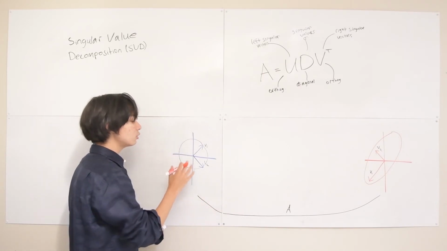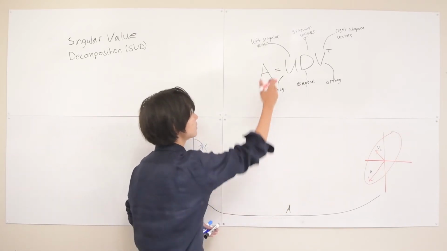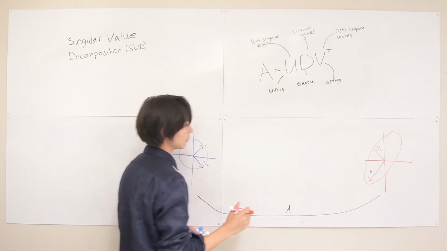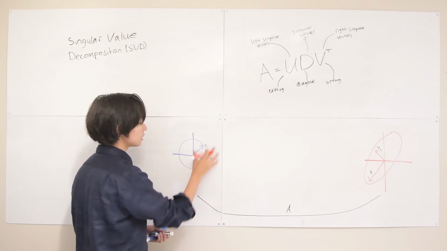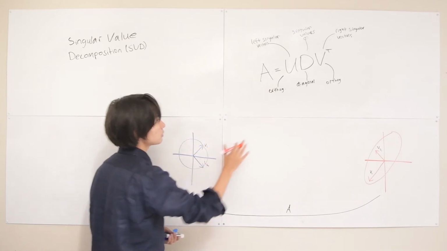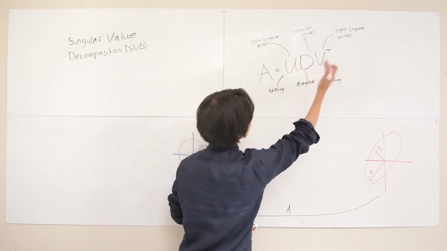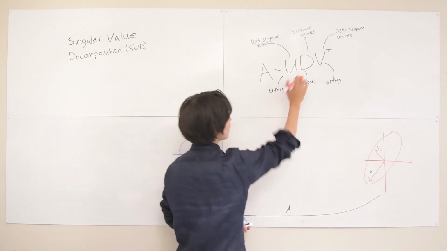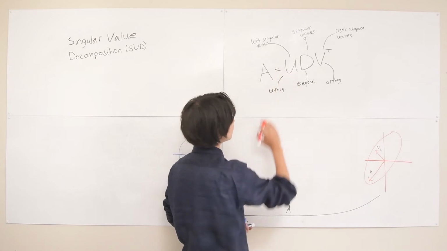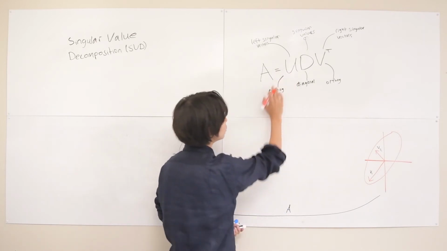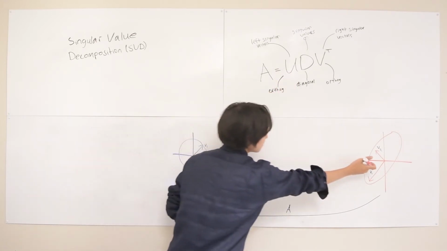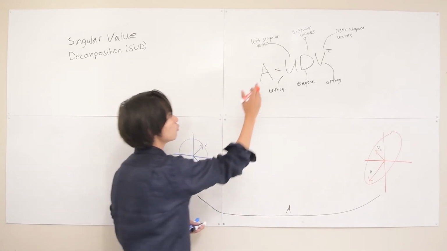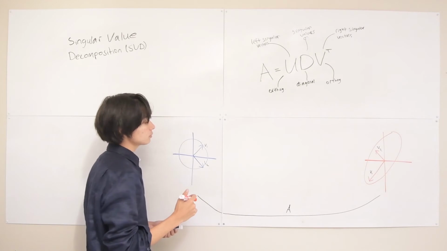Instead of doing it in one fell swoop, we can separate it into three special steps that do the exact same job as A. Because essentially what we're saying is if we transform this space by V transpose, and we generally go from right to left in matrix multiplication, and then we transform that space by D, and then finally we transform that space by U, we should get to this. And what I'm going to show is exactly what each of those matrices do.